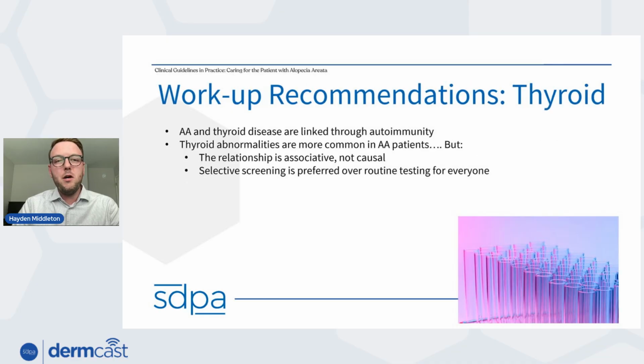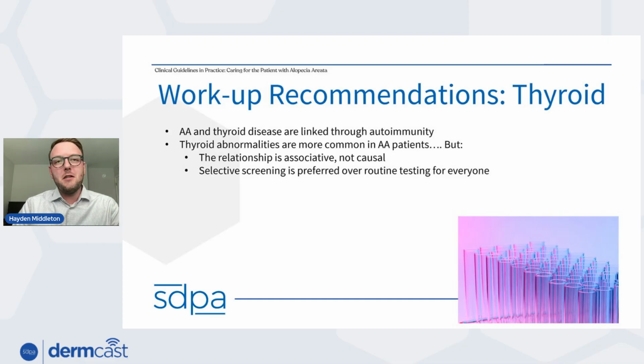Next is the thyroid. I think this should probably come as no surprise because a lot of thyroid abnormalities can be autoimmune driven, as with Hashimoto's or Graves' disease. And so these two disease processes are likely linked through autoimmunity, and thyroid abnormalities are much more common in AA patients. But again, as with a lot of these, it's associative, not a causal relationship.